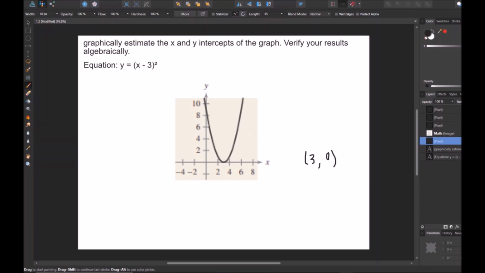And then for this y-intercept, you can see at the point 8, the line is just barely to the right of the y-axis, and at the point 10, the line is just barely to the left of the y-axis. So I'm going to say it's in between those, and I'm going to say that the y-intercept is 0, 9.